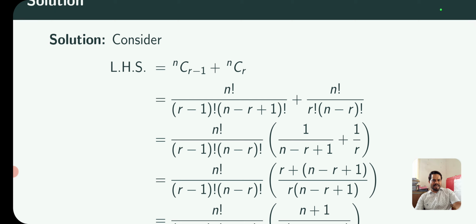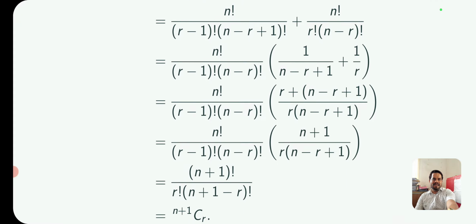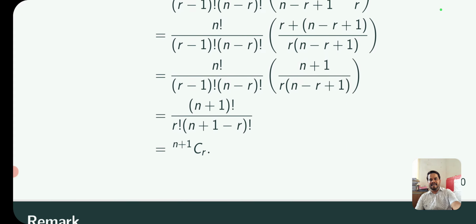After simplifying, the common term is n factorial upon (r minus 1) factorial into (n minus r) factorial, taken from these two terms, and in the bracket the remaining is 1 upon (n minus r plus 1) plus 1 by r. After the simplification, we observe that the result is (n plus 1)Cr, the right hand side.